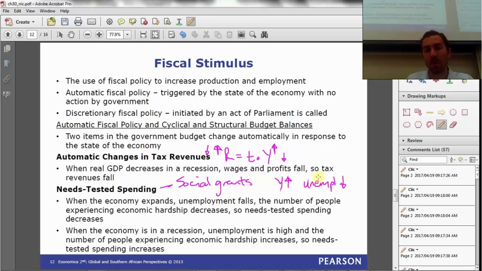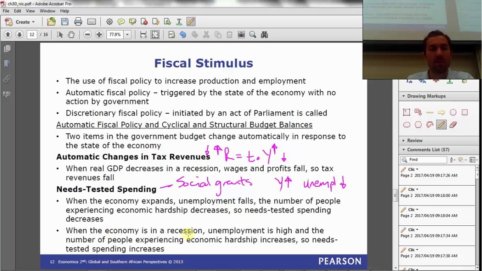If unemployment decreases, what does that mean about government's social grants? It doesn't need to give social grants to these people that were unemployed and are now employed, right? So government spending on things like unemployment benefits decreases when output increases. Okay.